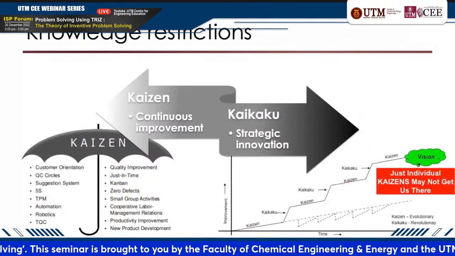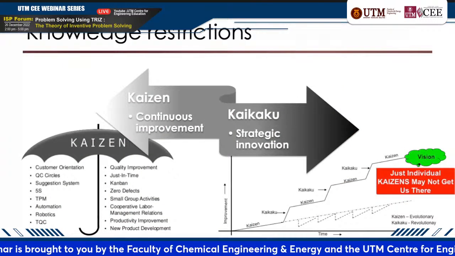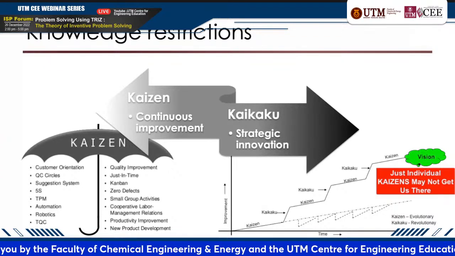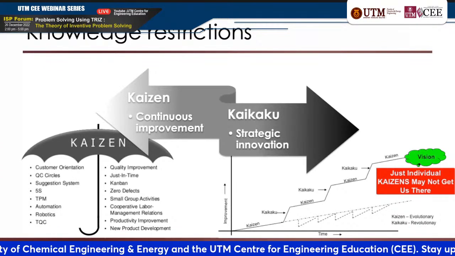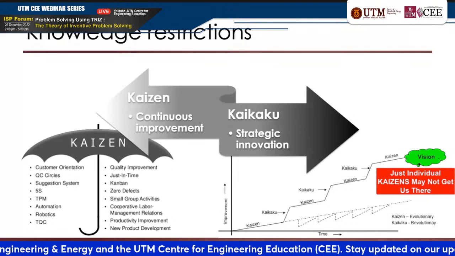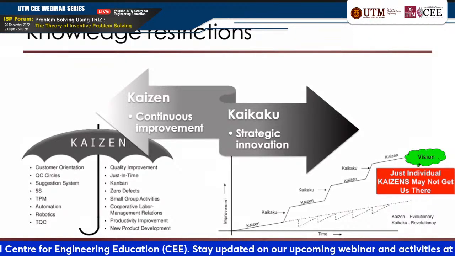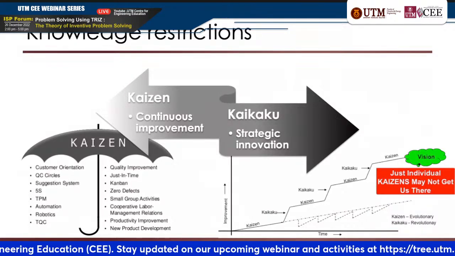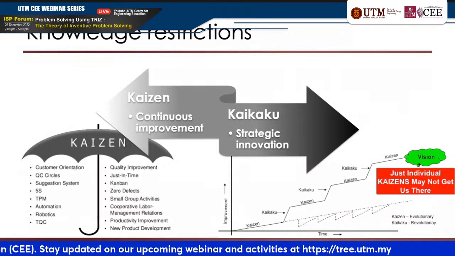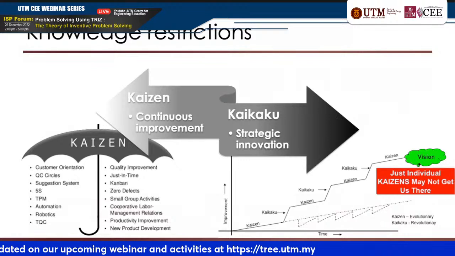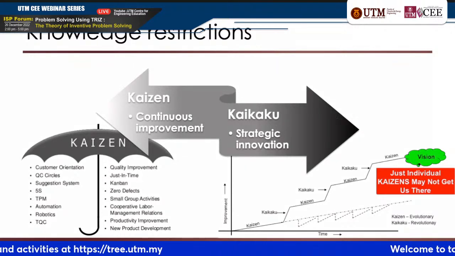One of the common tools that industry really uses in Malaysia is Kaizen. Kaizen is a Japanese term for continuous improvement. This tool called Kaizen is focused on process improvement, process innovation.